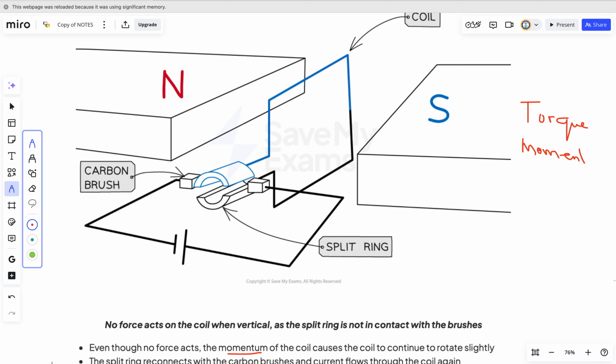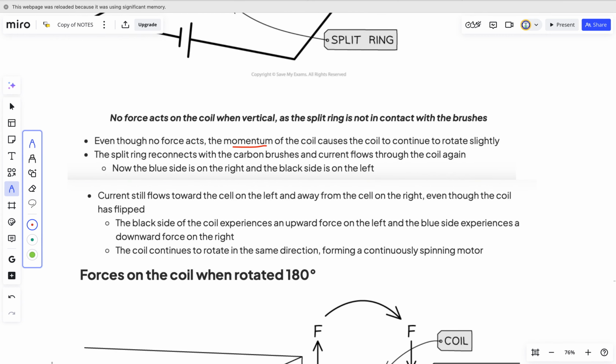When you get to a higher level like A level or university, they will be using more of the word torque. So the momentum keeps this rotating till it's back to its horizontal form. When it's in horizontal form, this slip ring will be here and this other one will be on this other side. And then there will be contact and current will start to flow again and rotation will continue. Is that okay?